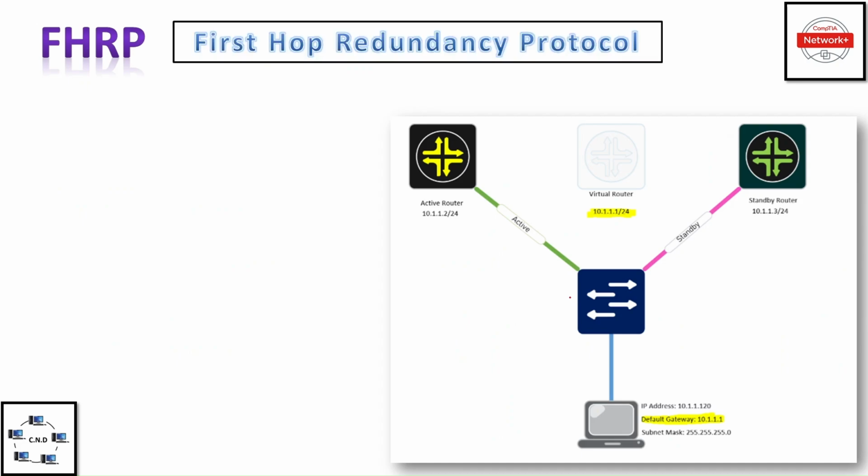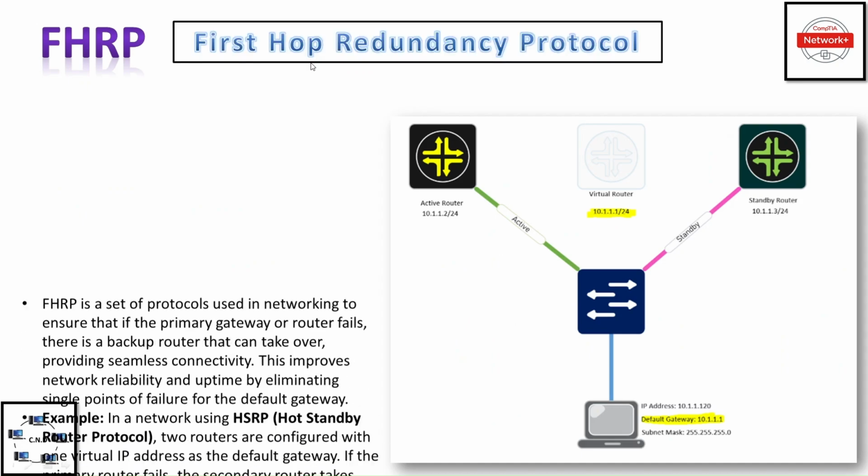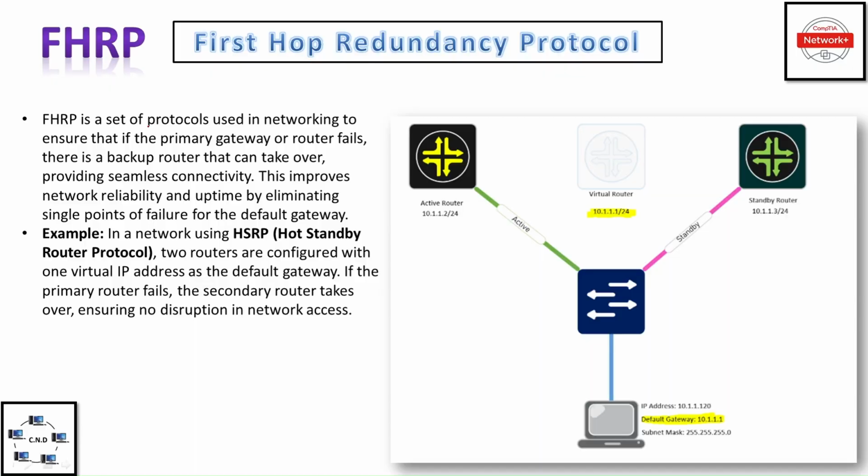FHRP, that is First Hop Redundancy Protocol. So FHRP is a set of protocols used in networking to ensure that if the primary gateway or router fails, there is a backup router that can take over, providing seamless connectivity.